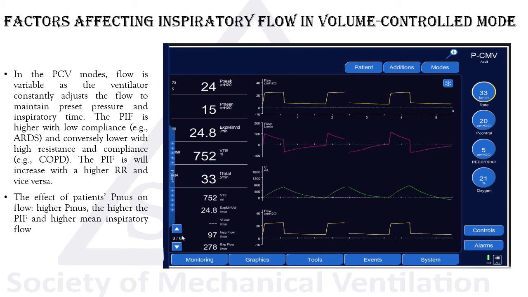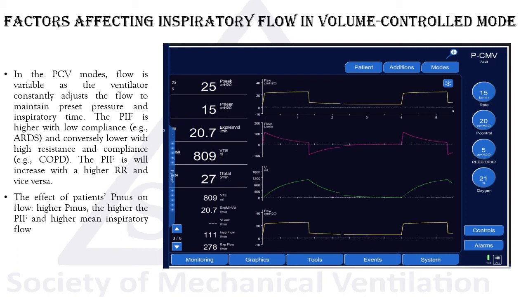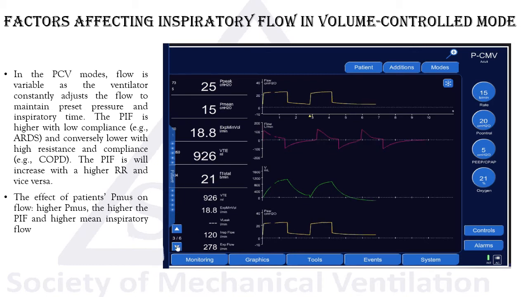What I want to show is the effect of the patient's muscle effort on the inspiratory flow. So let's go back to a lower rate, and we'll make the patient trigger most of the breath and make him work a little bit harder. So here his P mus, or the muscle pressure, is about 5 centimeter.